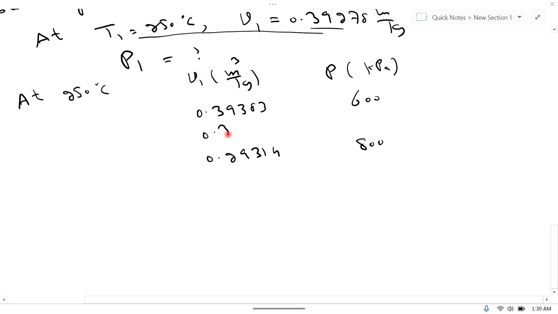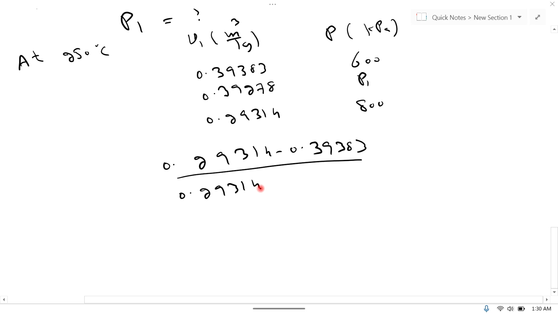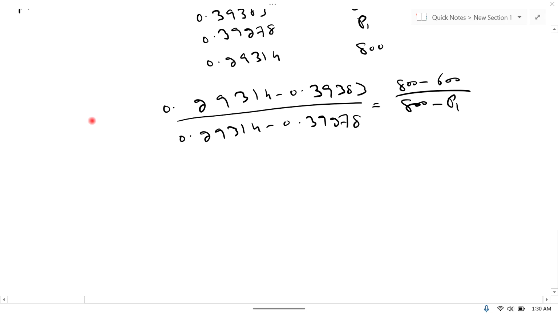But we have to find the pressure at 0.39278, so do interpolation. Third value minus first value divided by third value minus second value: 0.29314 minus 0.39383 divided by 0.29314 minus 0.39278 is equal to 800 minus 600 divided by 800 minus P1. So solve this for P1.